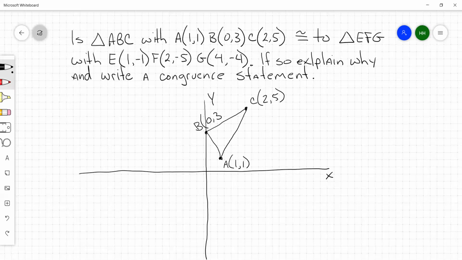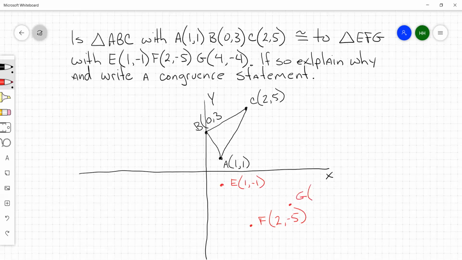Then I'm going to graph the second triangle. E is at 1, negative 1. So 1, negative 1. E. F is at 2, negative 5. Here's 2 and negative 5. That's EF. And where's G? G is at 4, negative 4. So I'm going to go out here to about 4 and negative 4.